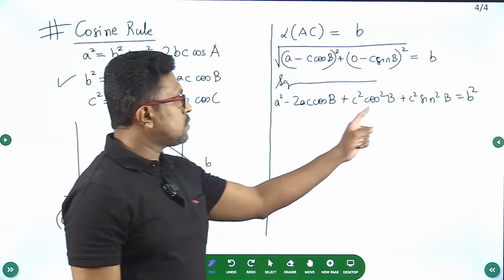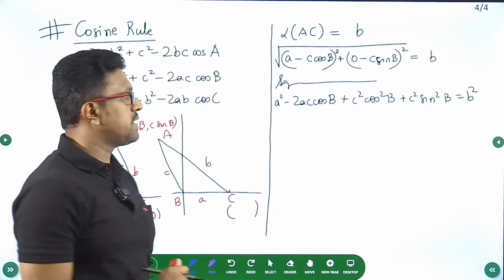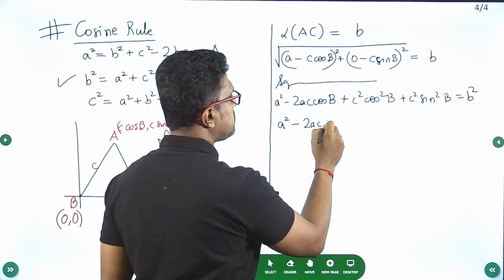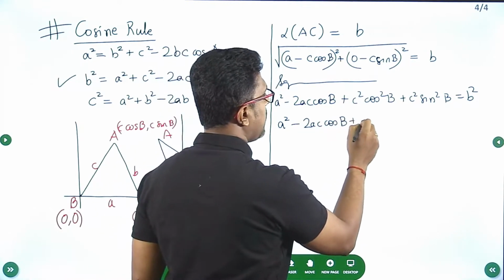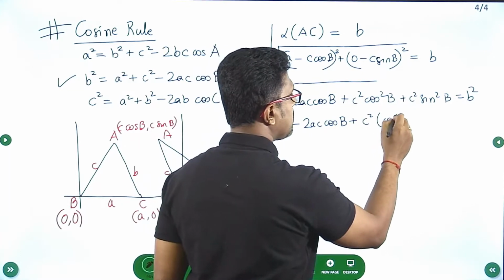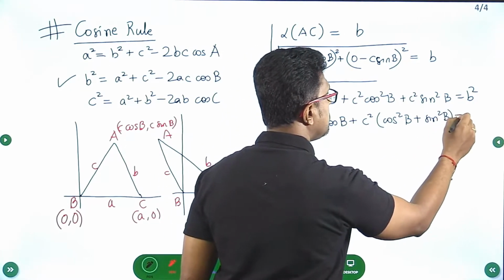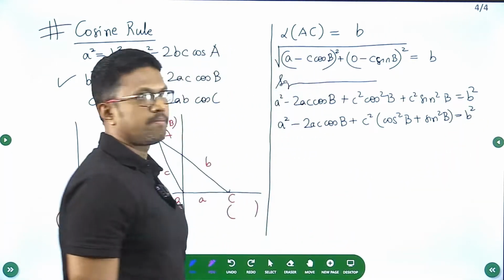So you can see c square is common, and cos square B plus sin square B is left. So this is a square minus 2ac cos B plus c square times cos square B plus sin square B is equal to b square.